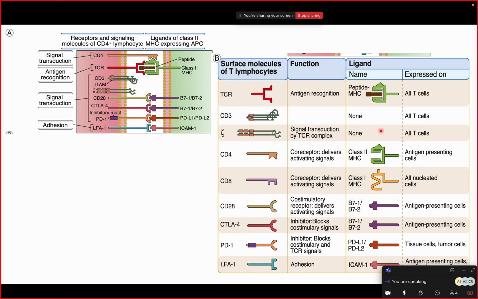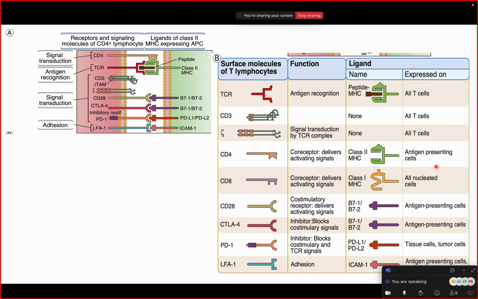So if we look here, the molecule on T lymphocyte is TCR or T cell receptor. They are present in all T cells because they are T cell receptors. CD3, they are again present in all T cells. Epsilon type, it is basically signal transduction by the TCR complex.